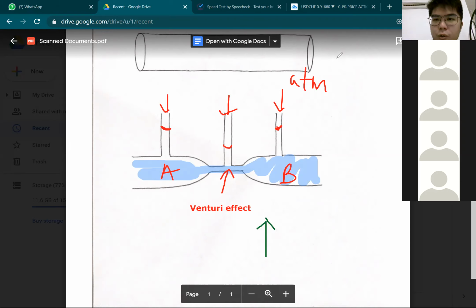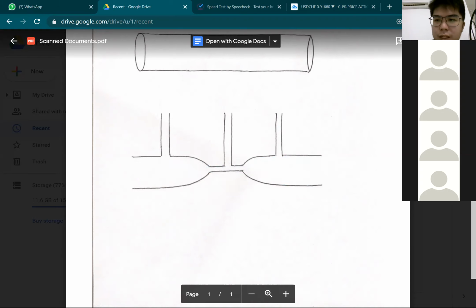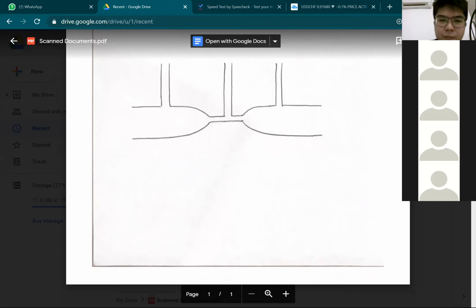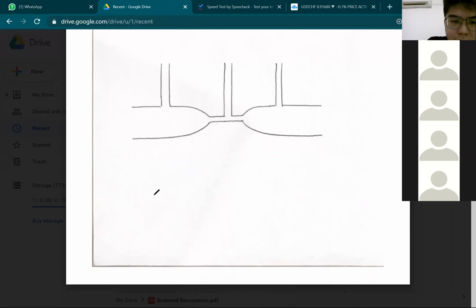Now, if we use a normal tube, let's say a normal tube like this one. Let me just draw it out. Let's say like this.